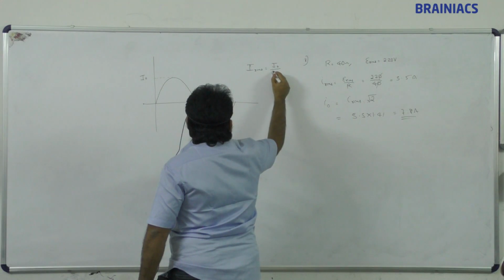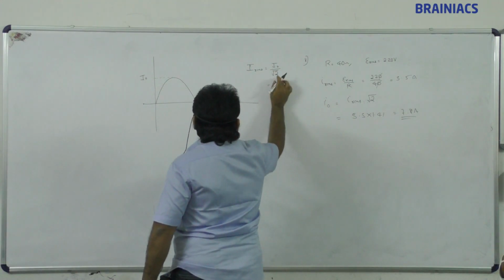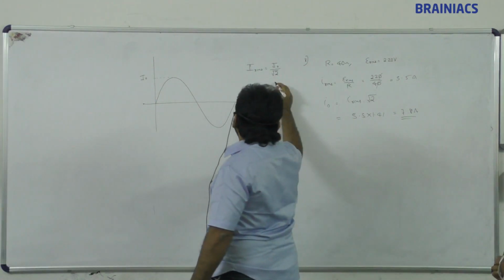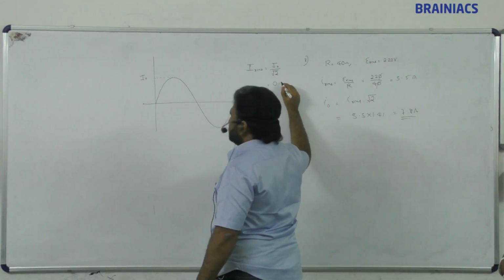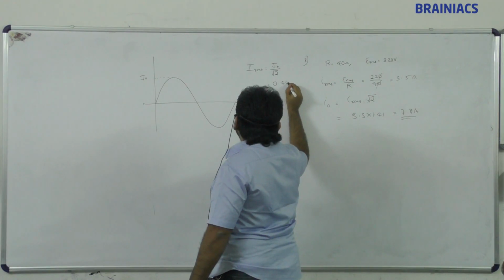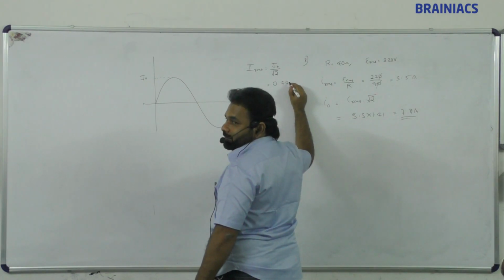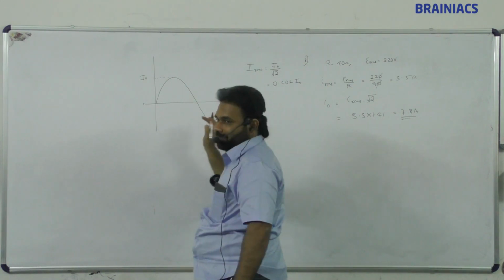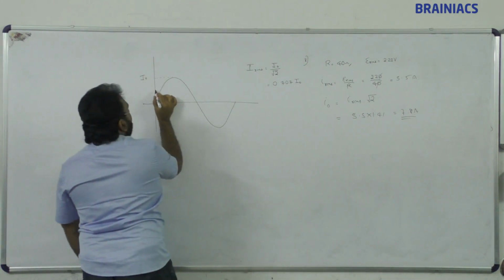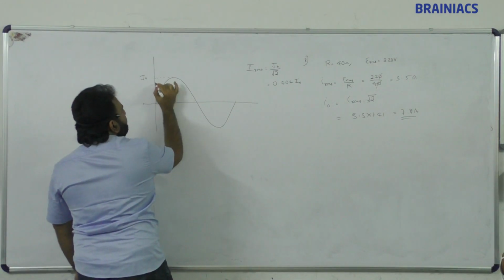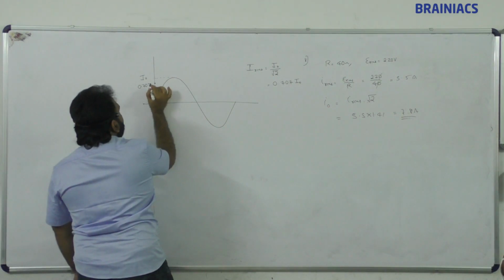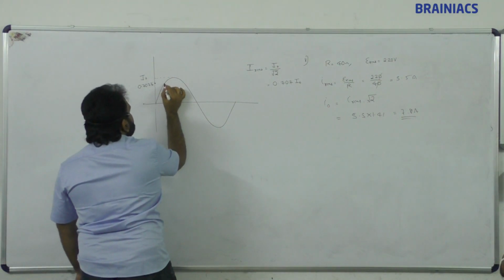I naught by root 2. So 0.707 I naught is roughly here.